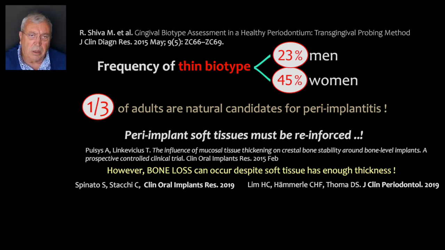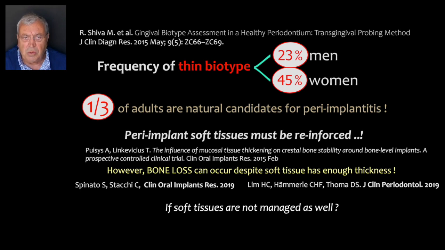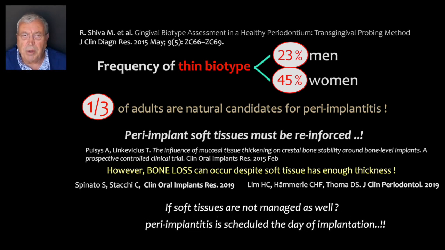So, the conclusion is simple. If the soft tissue is not managed well in this kind of case, peri-implantitis will be scheduled the day of implantation. And this explains why we have so many peri-implantitis, because the soft tissue is not managed well.